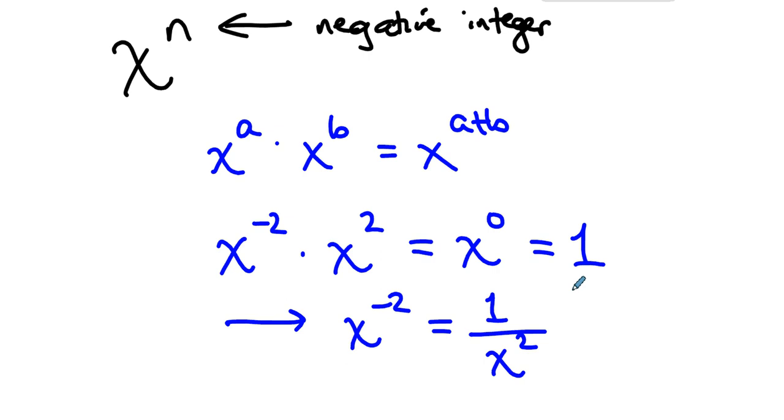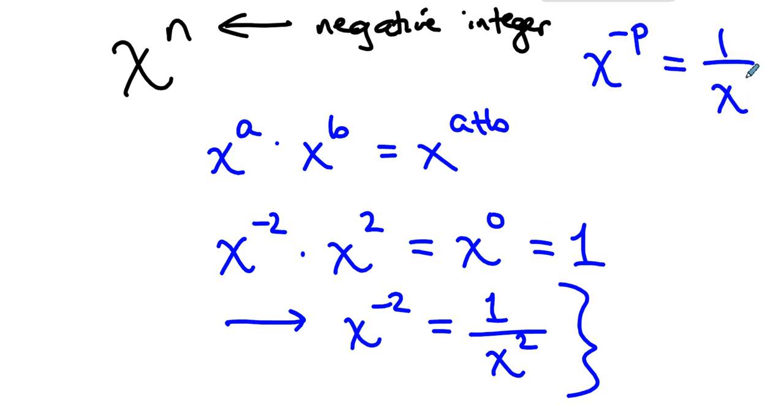And it's this idea that lays out for us that x to the n, if n is a negative integer, is defined this way. We talk about x to a negative power as being 1 over x to the positive power.